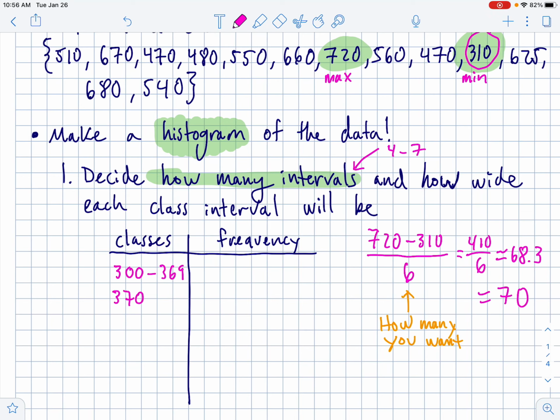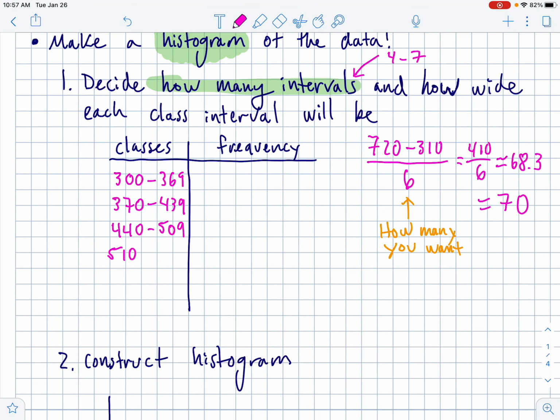Add 70 to 370 and you get 440, which will be the beginning of your next interval, but then you need to back it off one to be the top of the interval before that. Add 70 to 440 and we get 510, which means we'll go up to 509, and the next one will start with 510. So we have 1, 2, 3, 4 intervals so far. This one will go up to 70, so that's 580, but back it off one, so this is 579. And then this is 580 up to 750, which is 749.